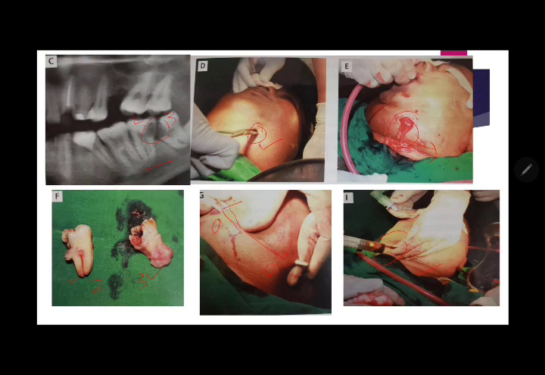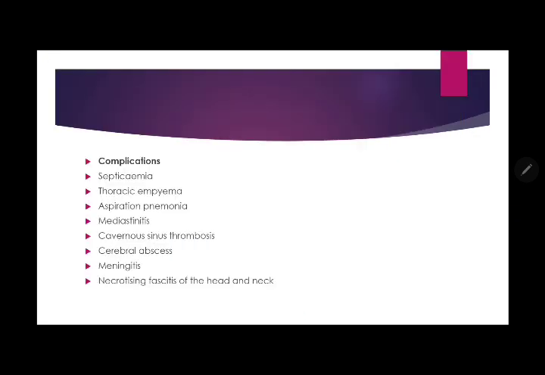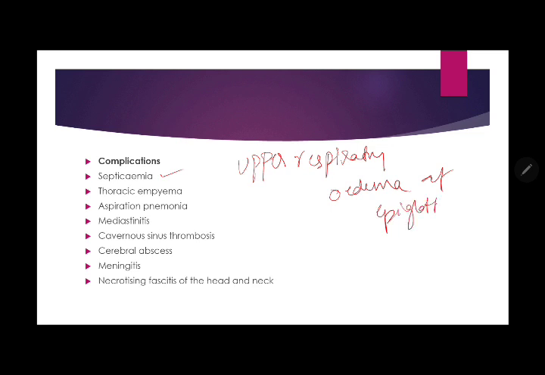So this is how a Ludwig's angina case is treated. Next, adding a note on complications. Ludwig's angina is a potentially serious infection that can lead to septicemia and upper respiratory airway obstruction and provoke edema of epiglottis.